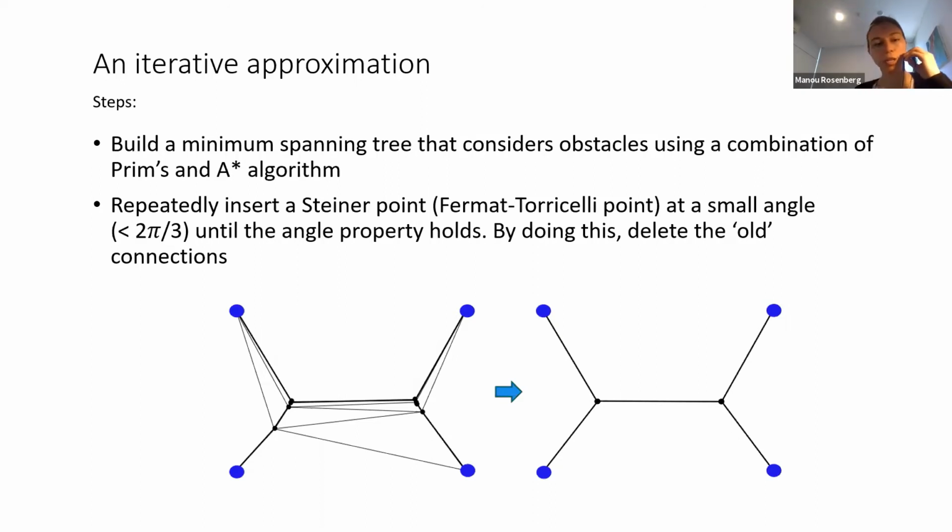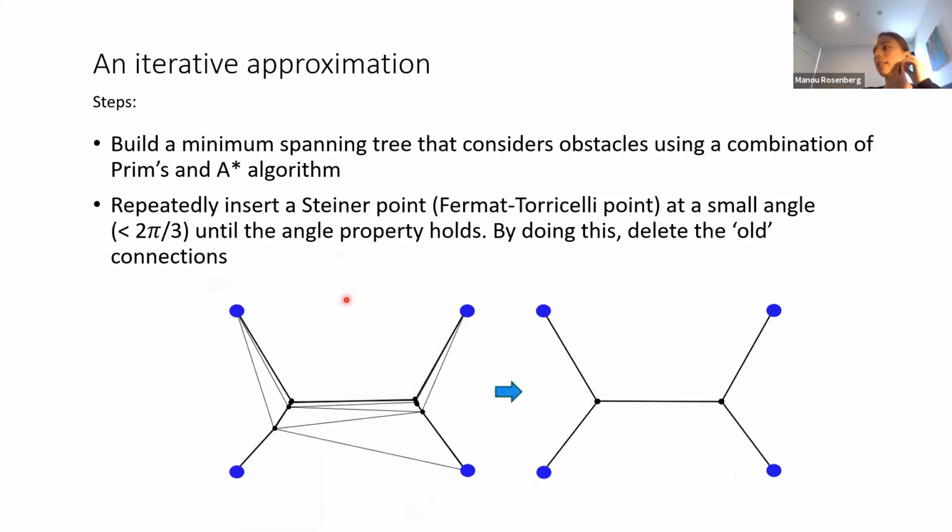So the steps in an iterative approach are basically, we can start with the minimum spanning tree. And if we consider further constraints and obstacles later on, we can use a minimum spanning tree that uses a shortest path algorithm that goes around some of the obstacles, but I will come to that later on.